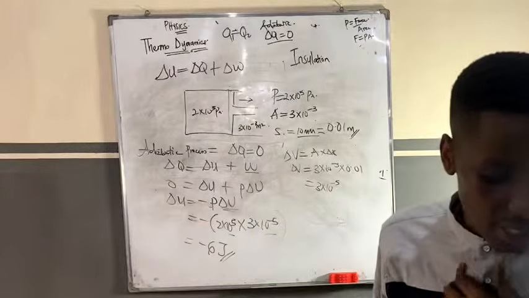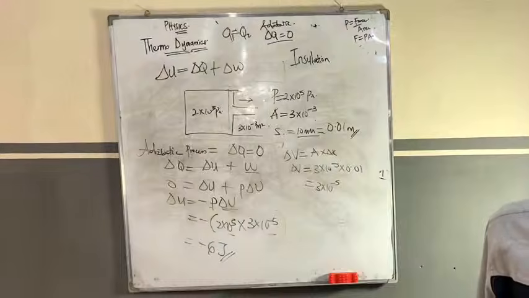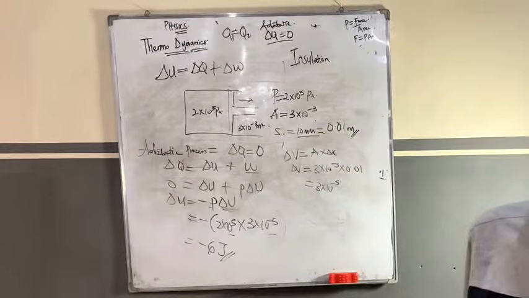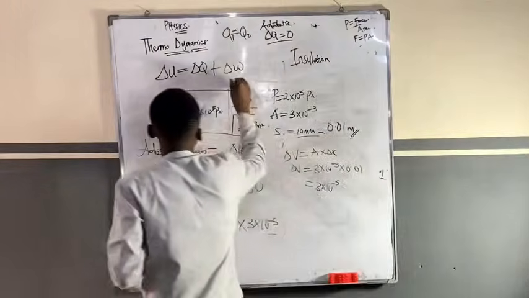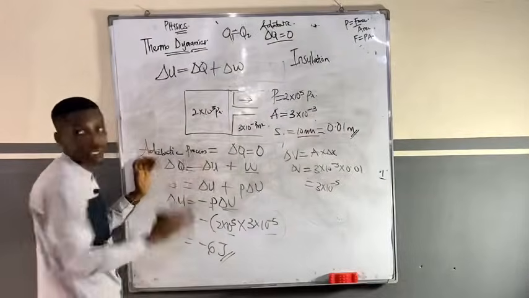Option B says that in this particular place, the change in W here is work done by the gas. Is that correct? For us to know, we have to arrange this in the normal way it should be.